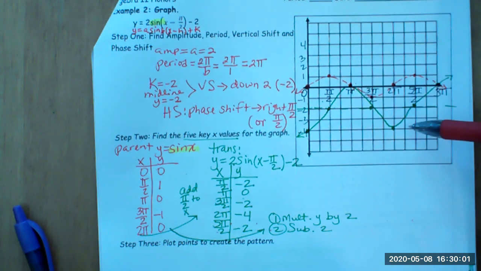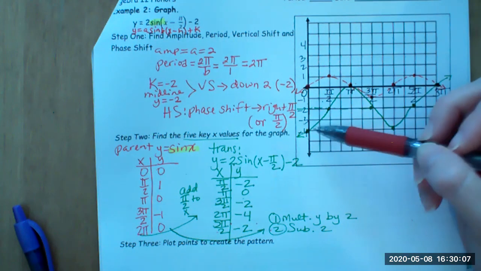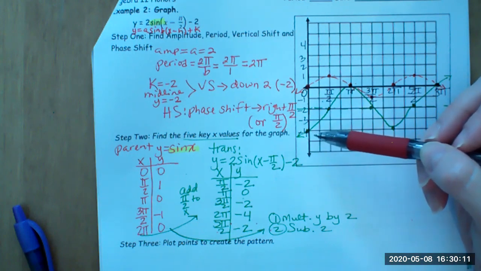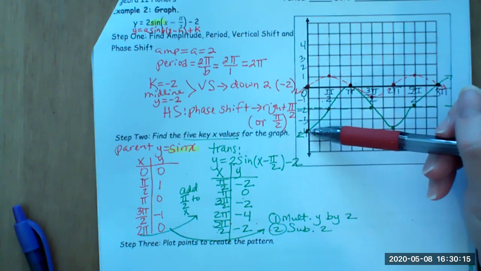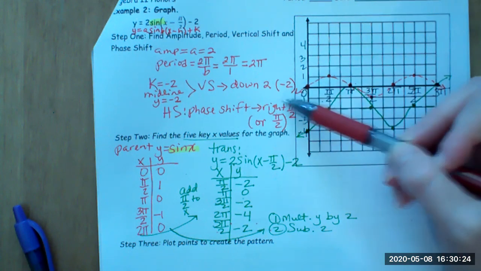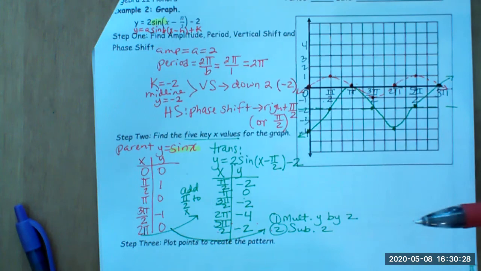Like for example, right here in my transformed graph, I have a min here, right? And if you look at the parent graph, it will be at the min pi over 2 to the left of that. You just can't see it because it's off the graph. Okay?